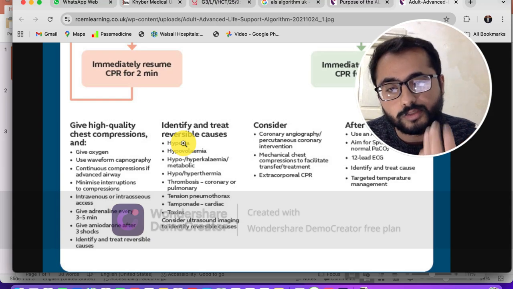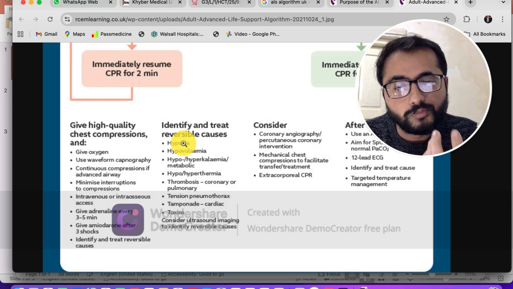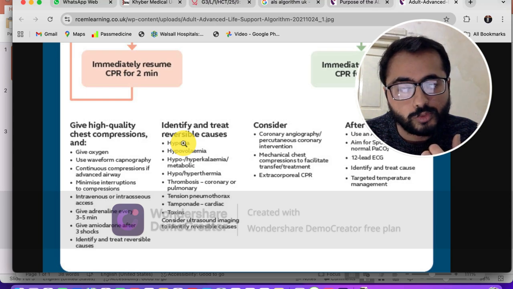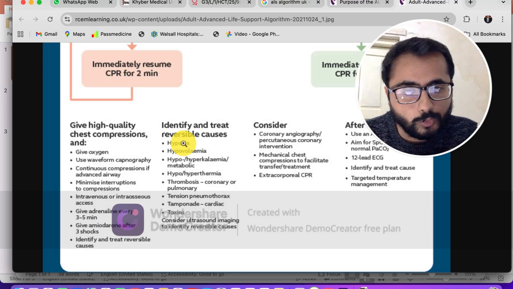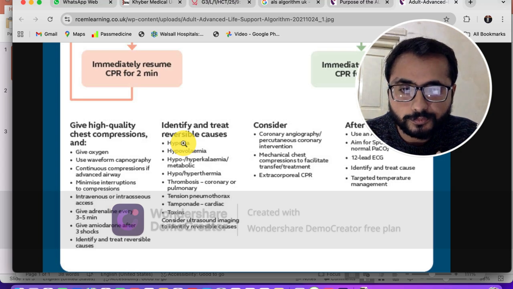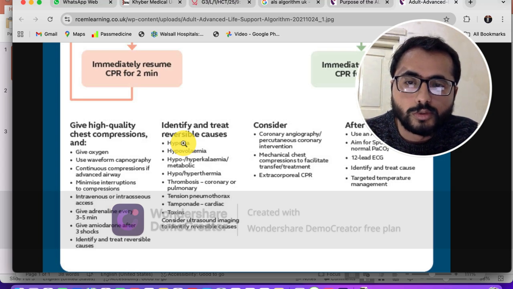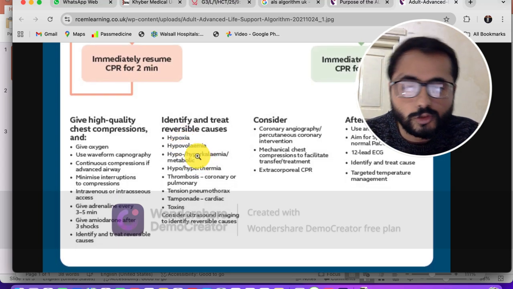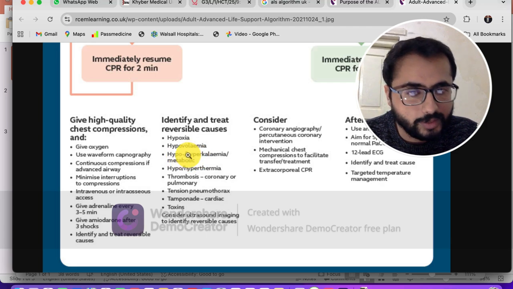We are giving them oxygen via the bag mask, and as soon as we are comfortable, we are going to insert the Guedel airway, which is a supraglottic device, also known as i-gel. So we just put it inside the mouth and then we give them the oxygen.